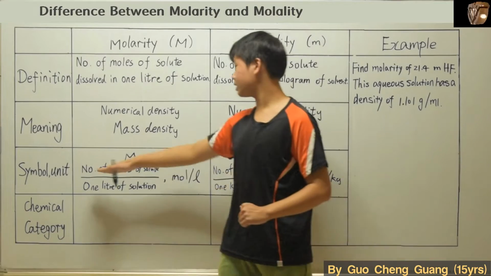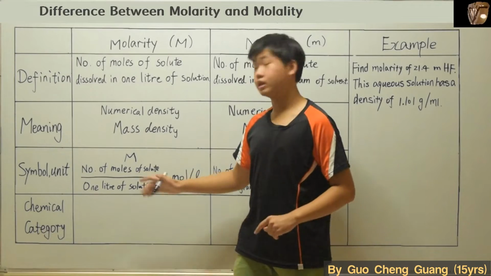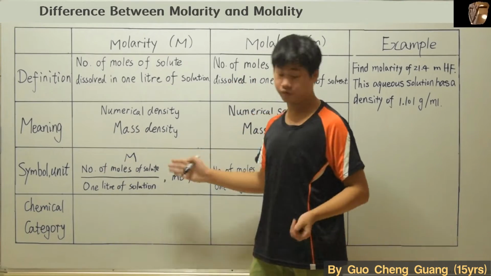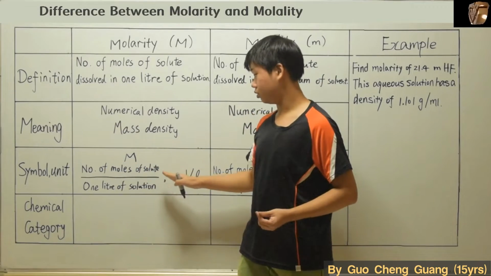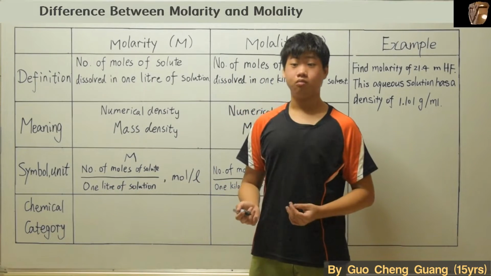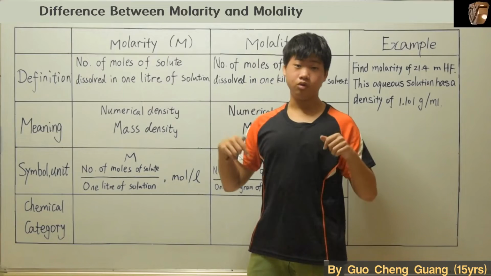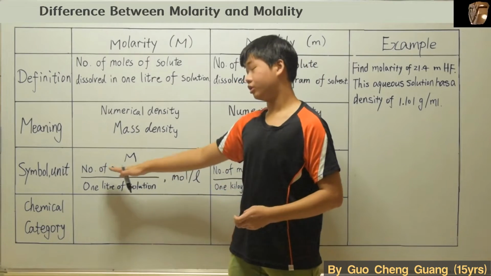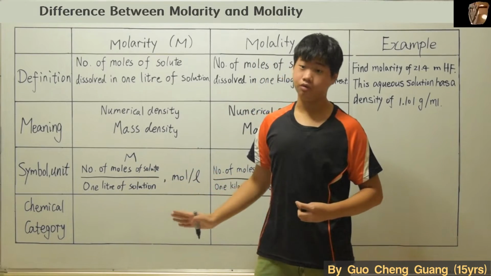So of course, beware, this is the number of moles in 1 liter of solution. But let's say you have 2 liters of solution, of course you don't use the same number of moles. If you want to use the overall number of moles of solute, then you have to use the 2 liters of solution, as I previously said. So if you're only given the overall, then it is overall number of moles of solute over the overall volume of solution.